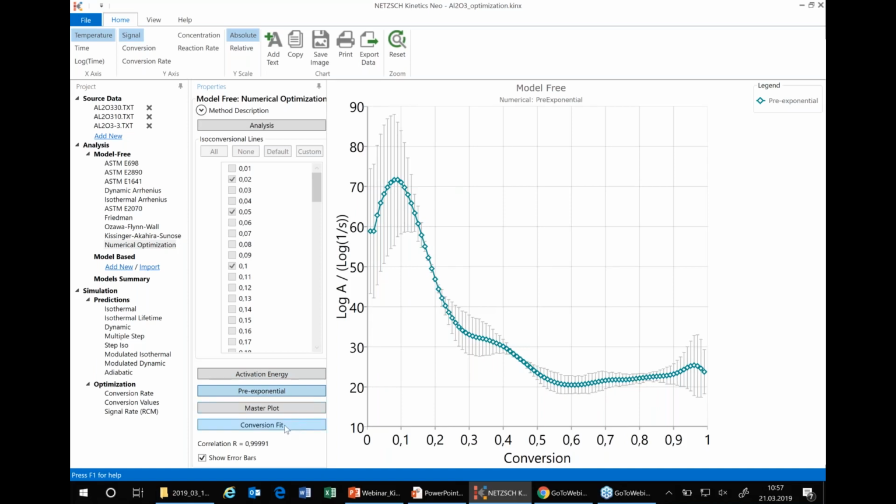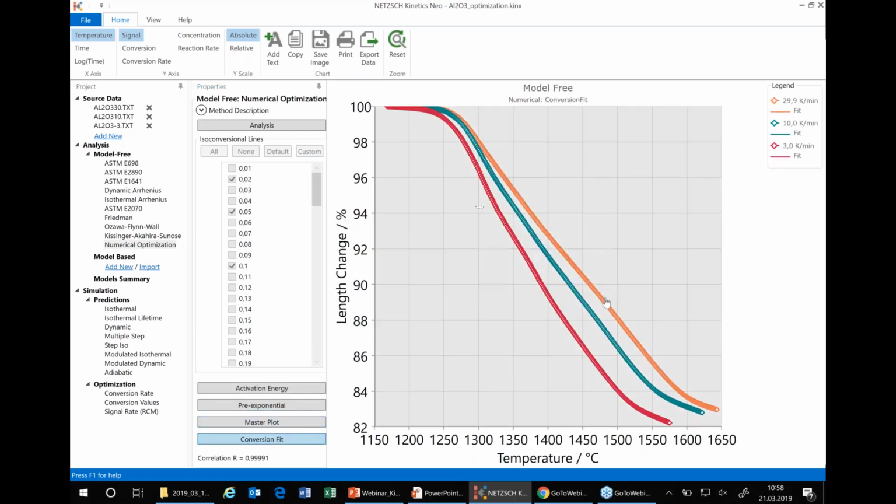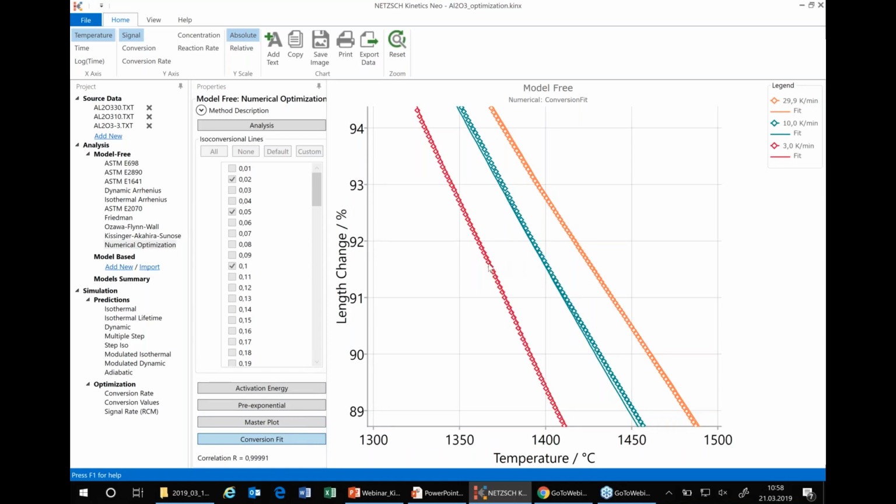And now we can use this model for predictions with the same heating rates which were used during the experiment, and see that the experimental data points are in agreement with our fit data, with our simulated data for each heating rate. It means that we can use this model for predictions for any heating rate and for any temperature profile.